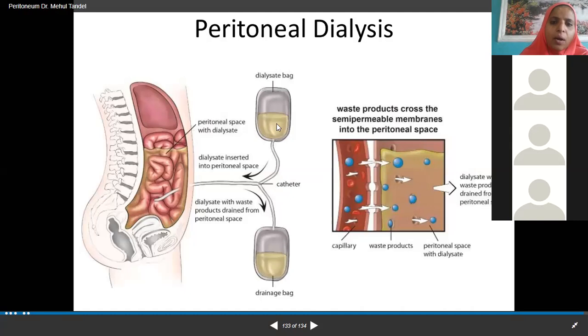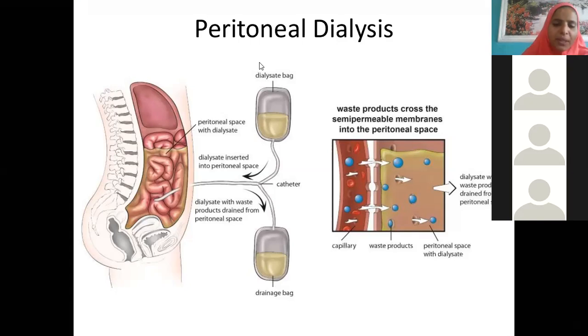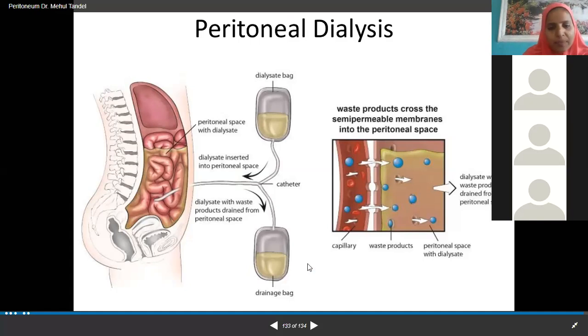It is a fluid which goes inside and absorbs all the waste material present in the peritoneal cavity. Waste products cross the semi-permeable membrane, and finally the dialysate with waste products is drained from this potential space and collected in a drainage bag. So instead of renal dialysis, we can go with peritoneal dialysis if there is any complication with renal dialysis.